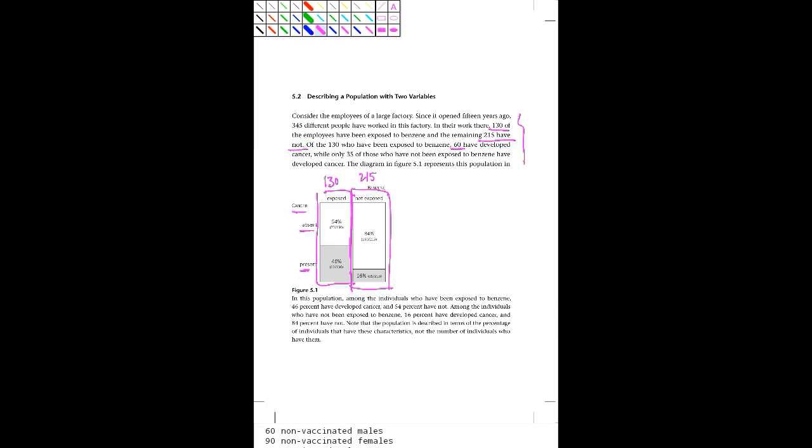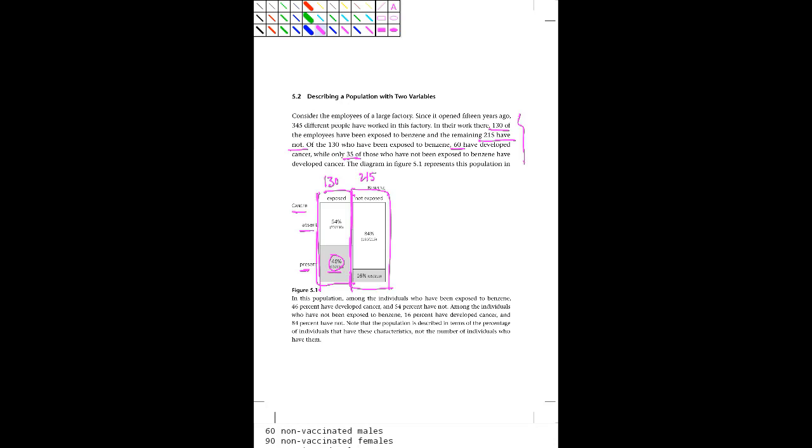So that's what we have down here, 60 of 130, and if we do the division there, it's going to be 46%. So of the people in just this column, 46% of them have cancer. Meanwhile, 35 of those who have not been exposed to benzene have developed cancer.